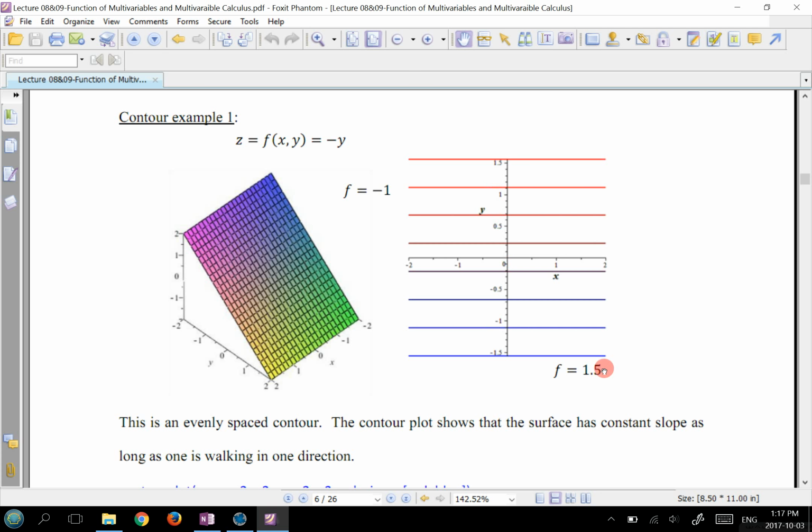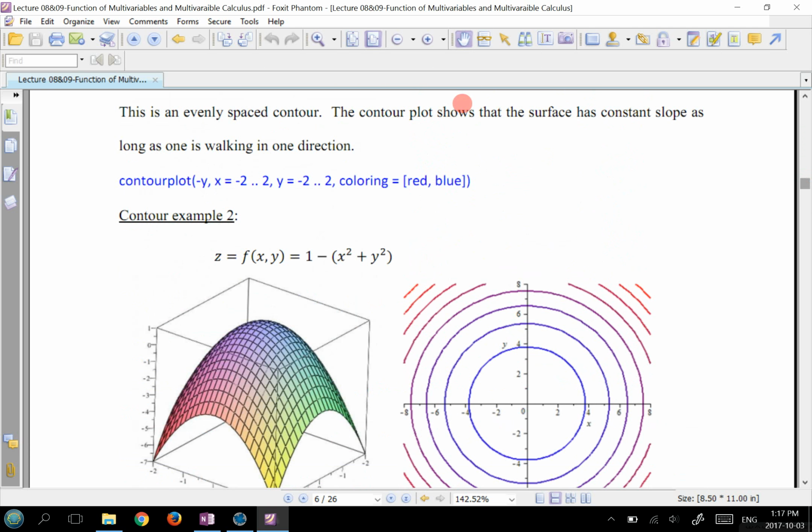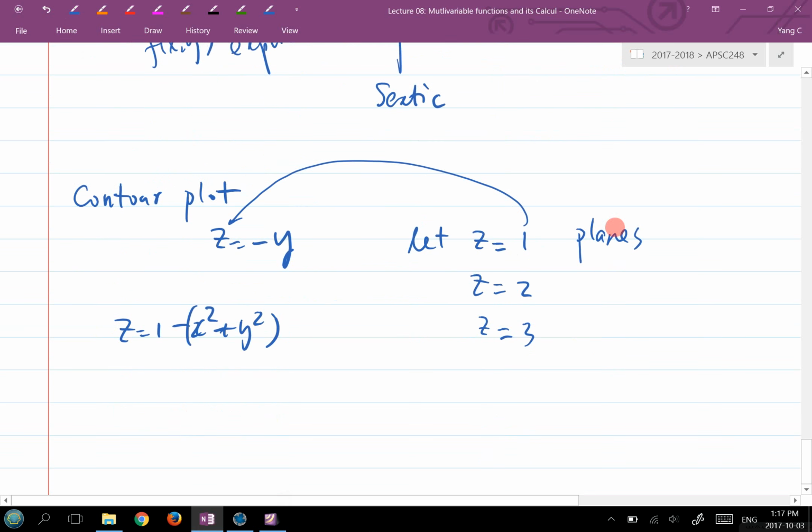I'll show you one more example right here. Let's write down z equal to 1 minus x squared plus y squared. I'm going to slice this surface using a cluster of planes, z equal to a certain sequence of numbers.